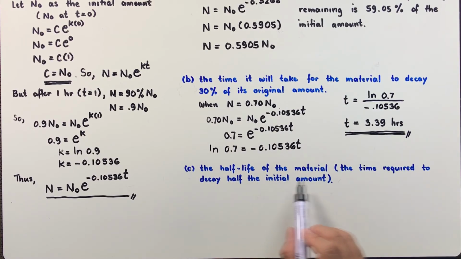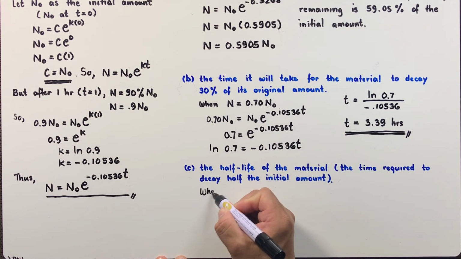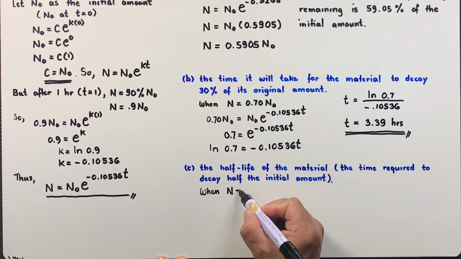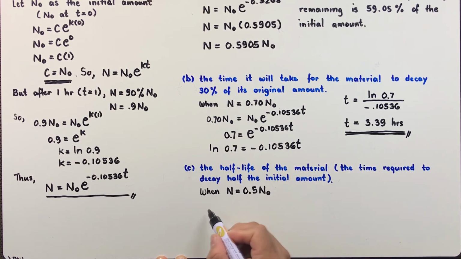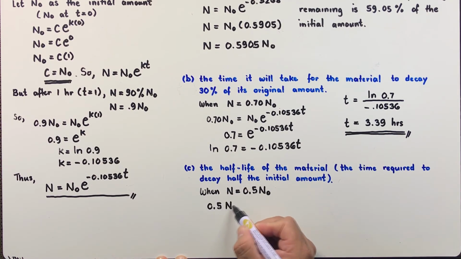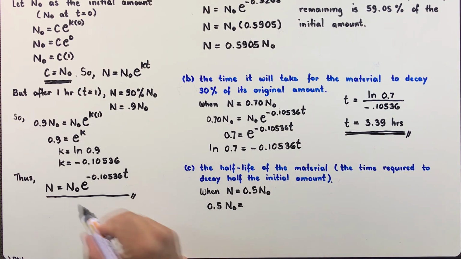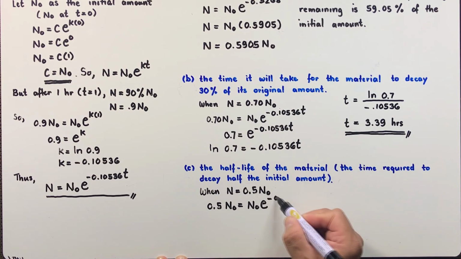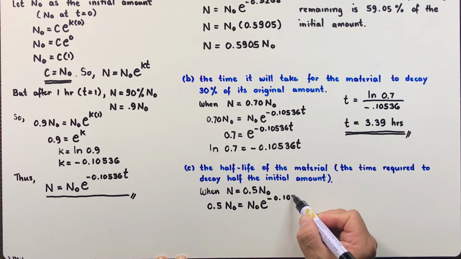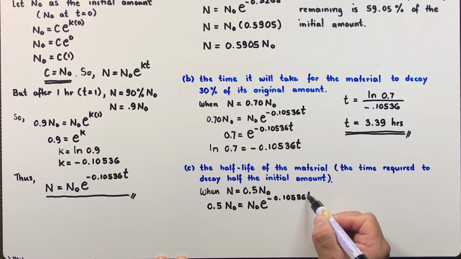Now finding the half-life of the material, which is the time required to decay half of the initial amount, we can write in mathematics that our big N is equal to half of the original amount. So substituting this to our formula, we have 0.5 N₀, which is our value of N, equal to N₀ times e to the power of negative 0.10536t.